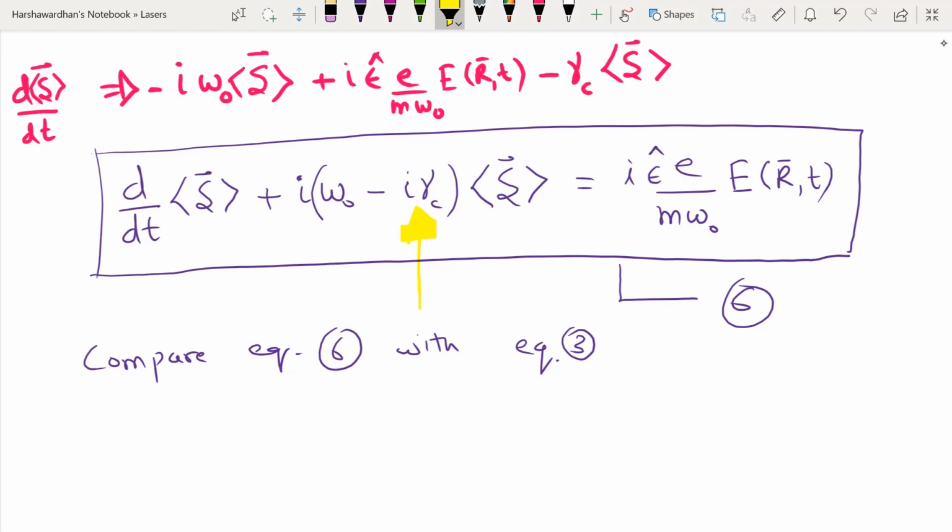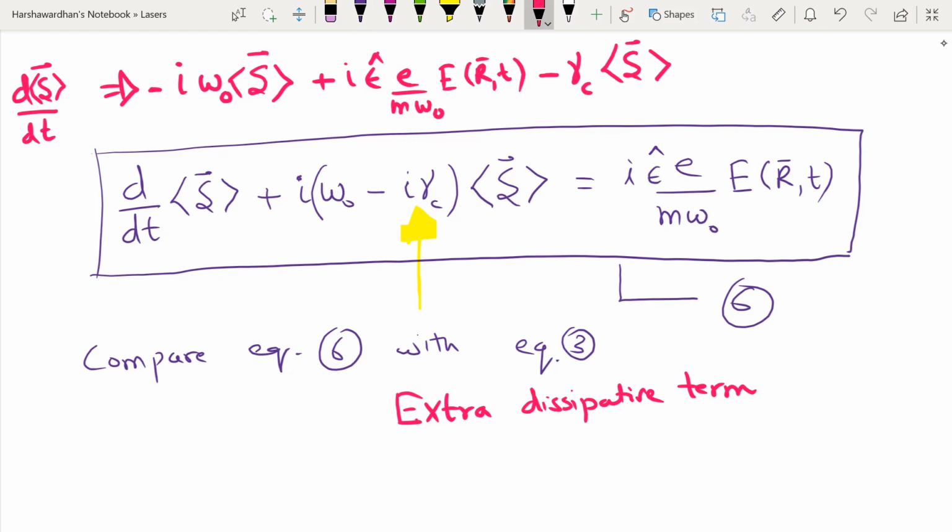We have introduced a complex frequency. So now if you compare these two equations 6 and 3, you will clearly see that there is this extra dissipative sort of term that you obtain, right? So let us see what we get.